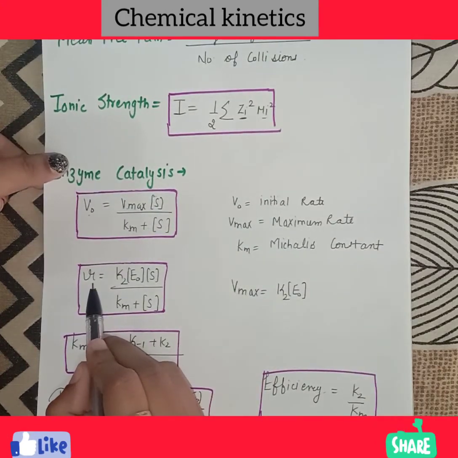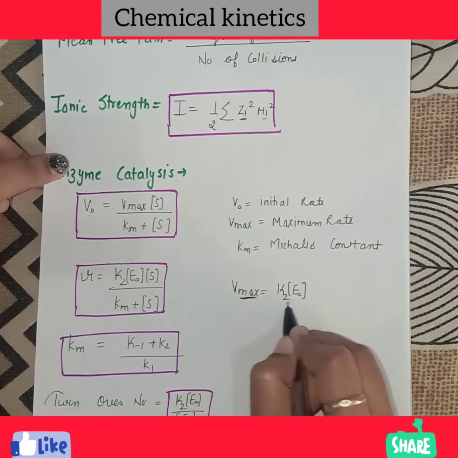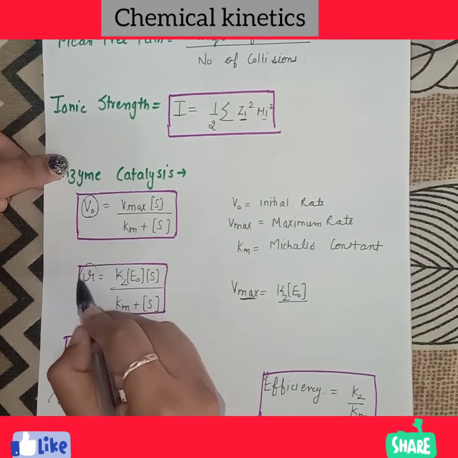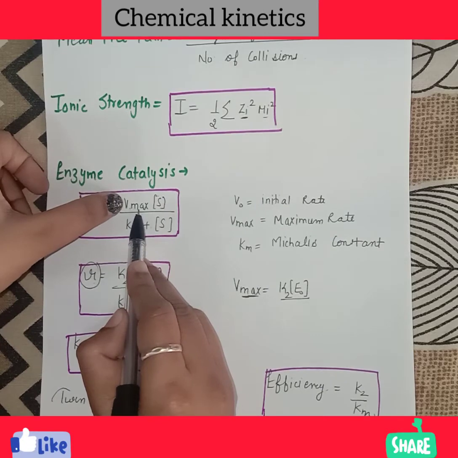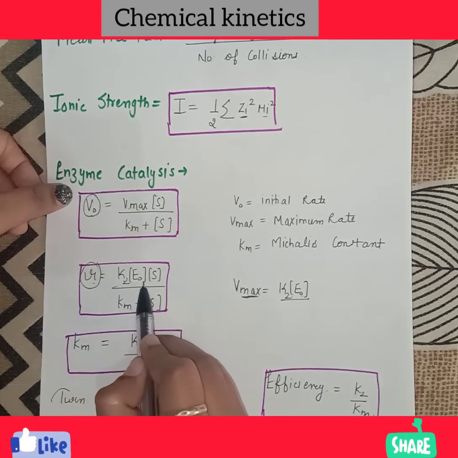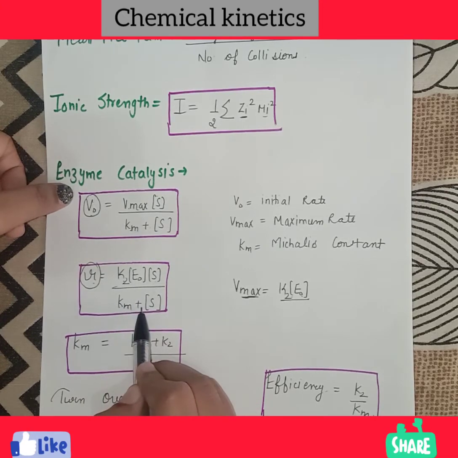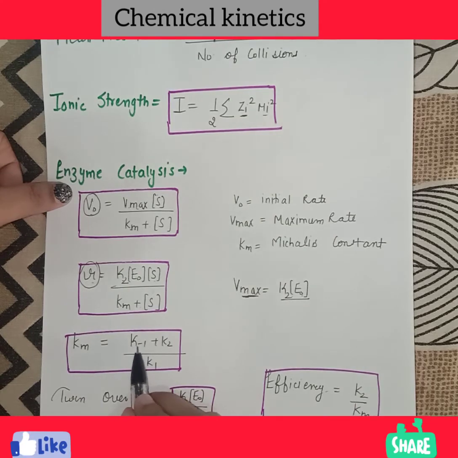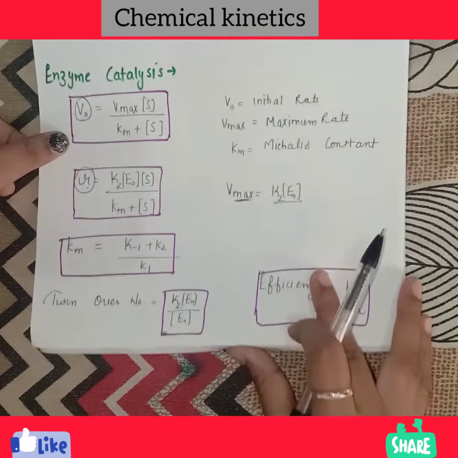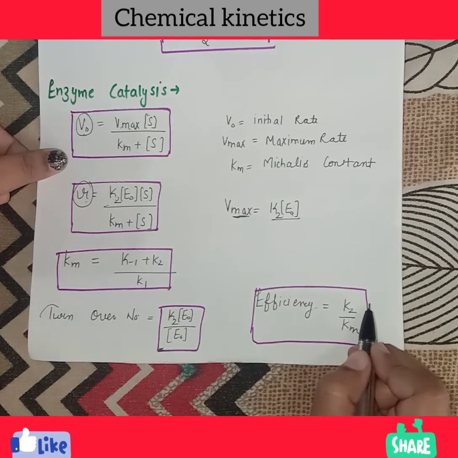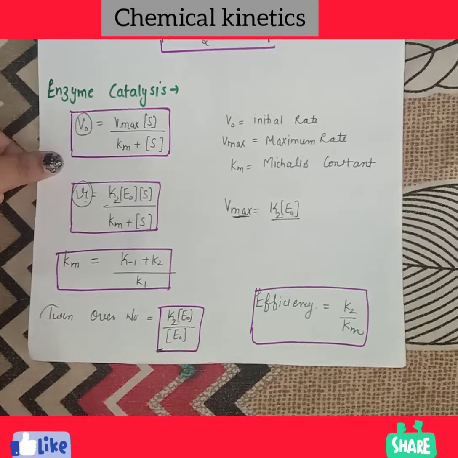Since V max is equal to K2 E naught, if we put this value, the rate is equal to K2 E naught S upon Km plus S. Km is equal to K minus 1 plus K2 upon K1. Turnover number is K2 E naught upon E naught. Efficiency is K2 upon Km.